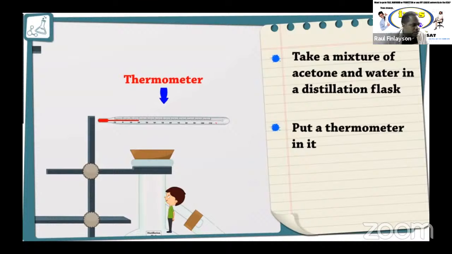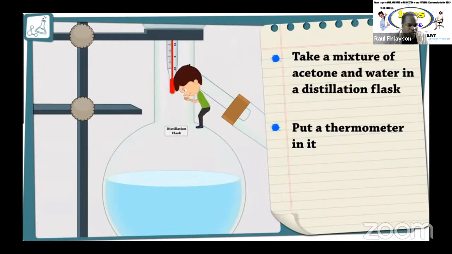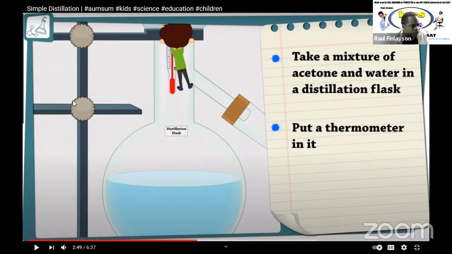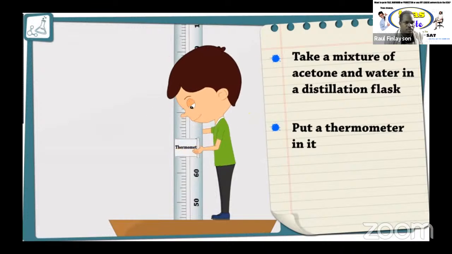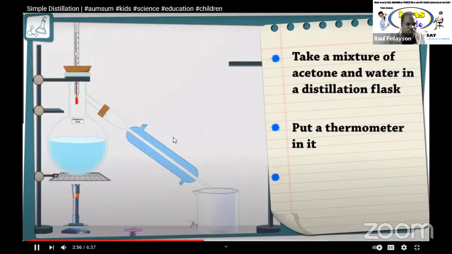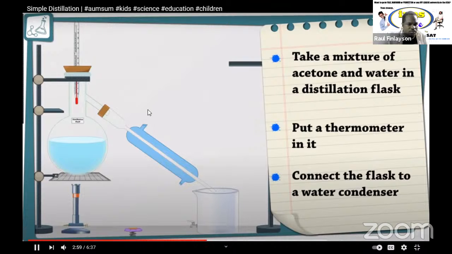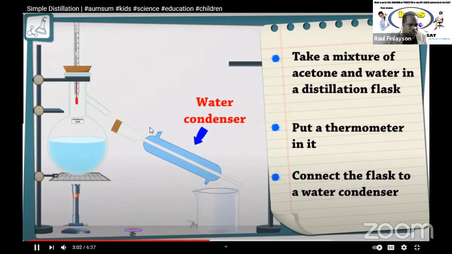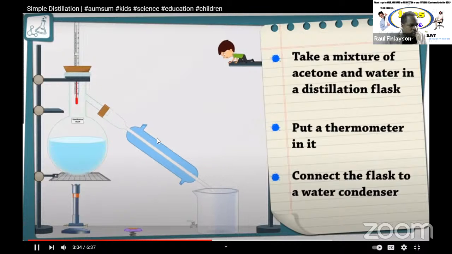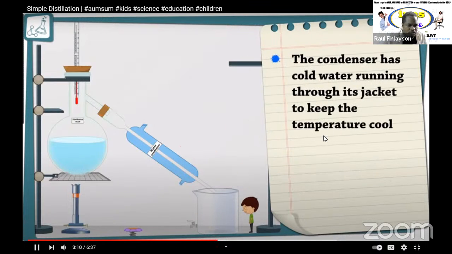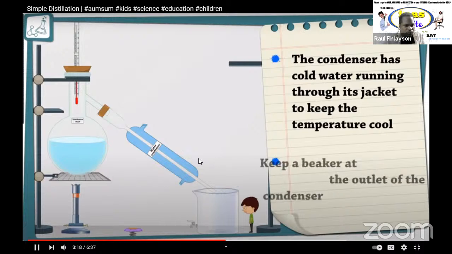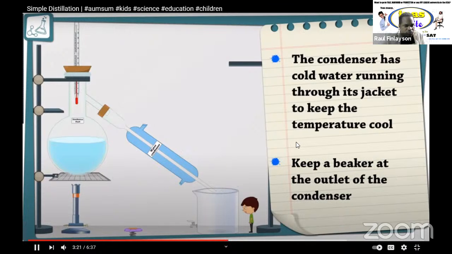You see the thermometer there. Connect the flask to a water condenser. The condenser has cold water running through its jacket to keep the temperature cool. Keep a beaker at the outlet of the condenser.